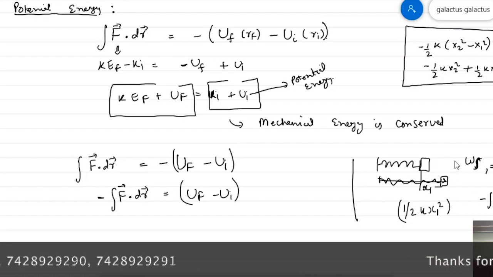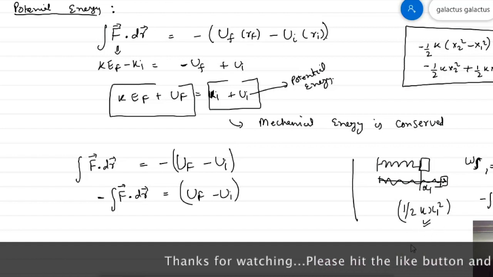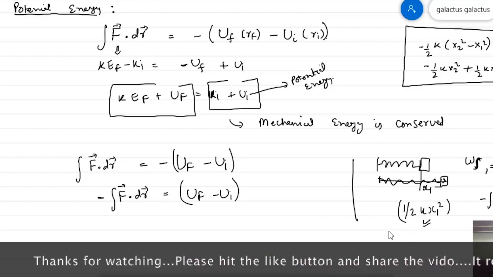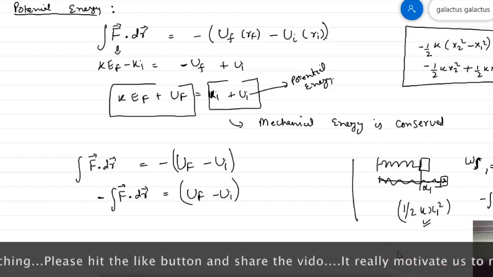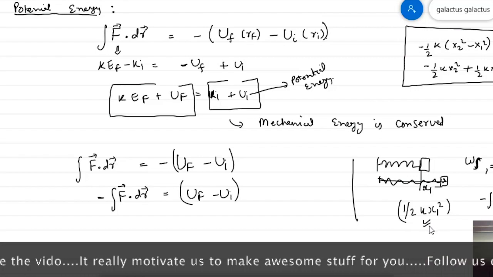So when I elongate the spring by x1, then this much energy is stored in the spring. And suppose I compress the spring by x1, then also the energy that is stored in the spring is half k x1 square.